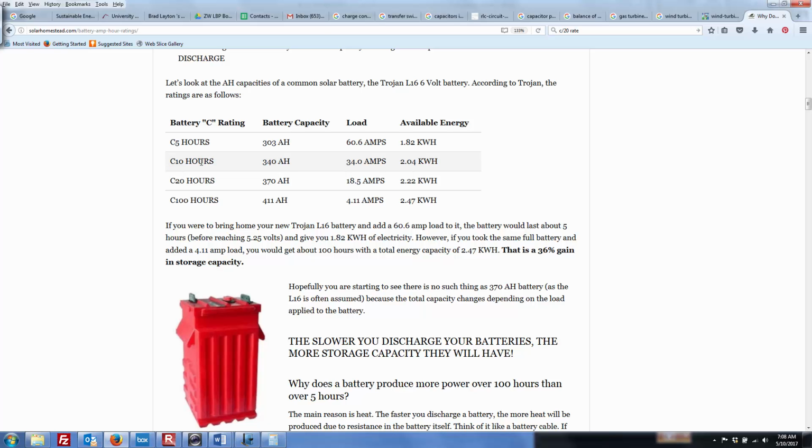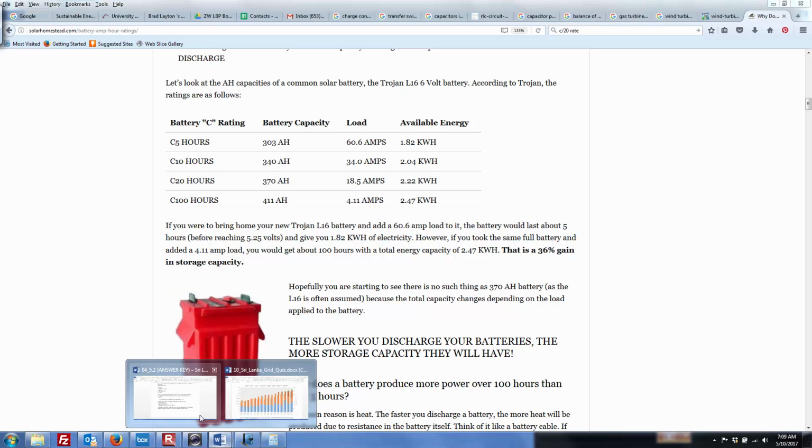This is C10, this is C20, and what you can see is that in each case, the available energy is a little bit longer if you go out to a longer period, not by much. Here's your C20, meaning that you can run for 20 hours.